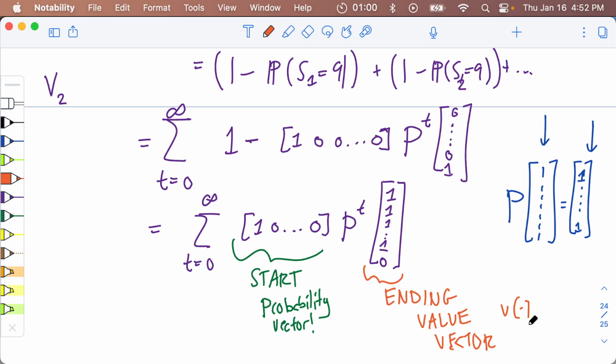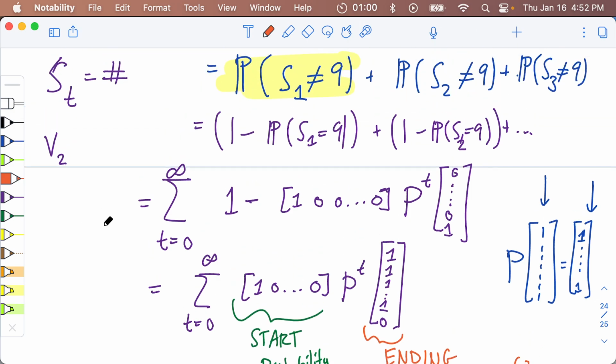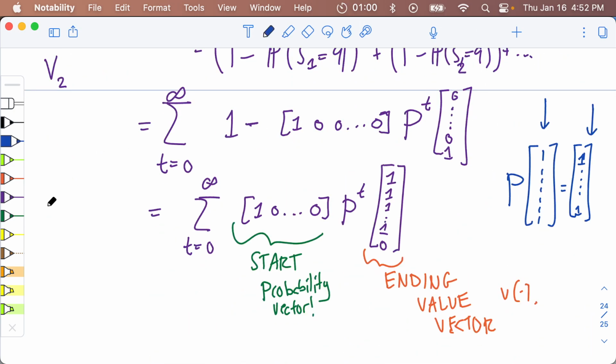And so if you combine these things with P to the power t, that's at time t. And if you add up over all the times t, that is exactly the number of turns on average, the expected number of turns. And the nice thing about this is you can factor it. Linear algebra plays nice with sums.